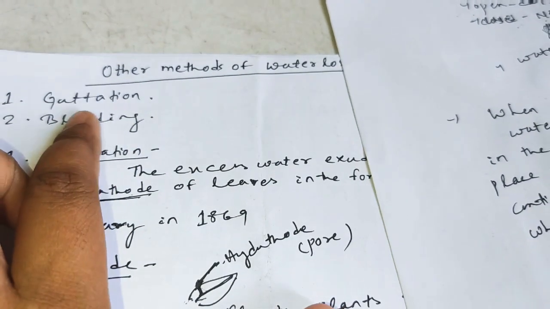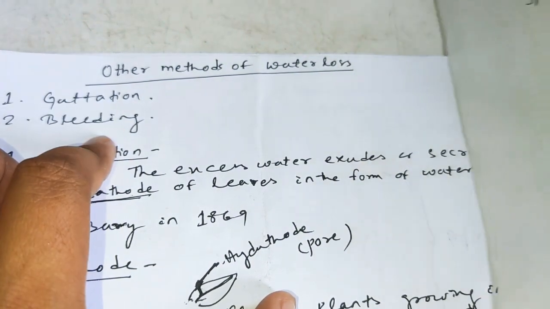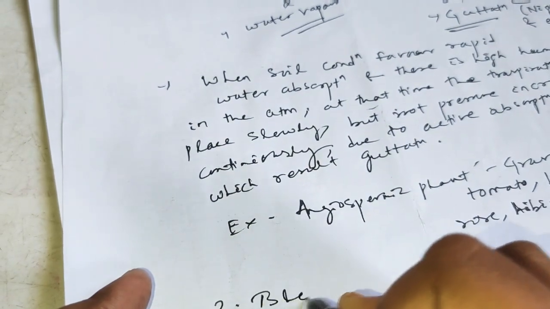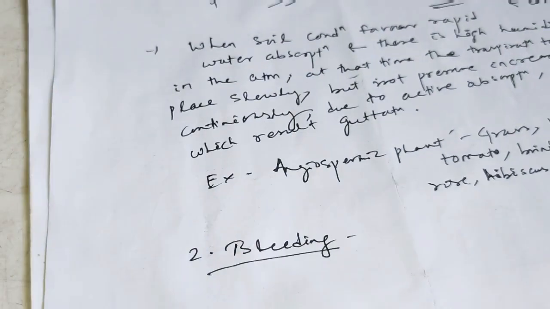Guttation is complete. Now come to the second process where water is lost, that is bleeding. You know from the word, and I think most people have observed that. So what is bleeding?